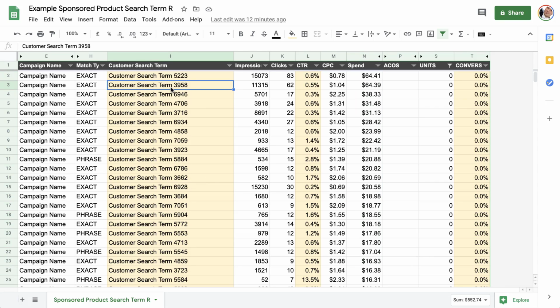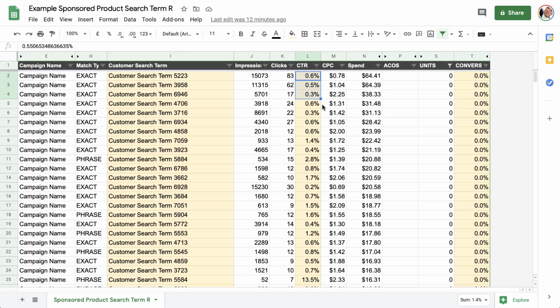Sometimes they're also indicators that maybe you need to improve your listing, because if they are relevant for your product and not making any sales, then maybe you need to improve your listing. But again, look at your profit margin and how many clicks they already produced. Usually 83 clicks, 62, more than 20 clicks is an indicator that there's no need to spend more money there, especially if the click-through rate is low.